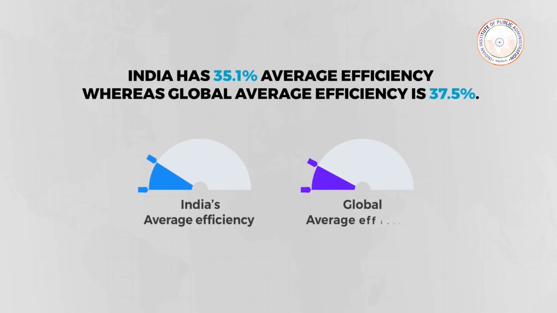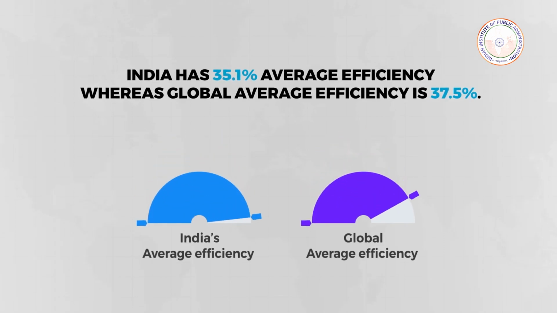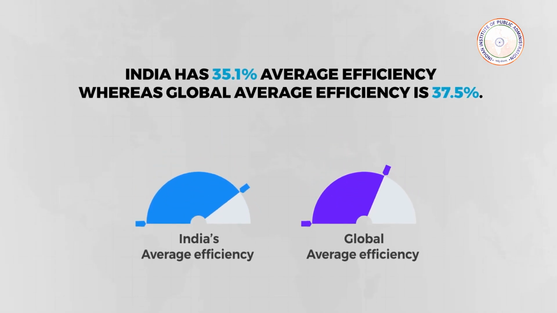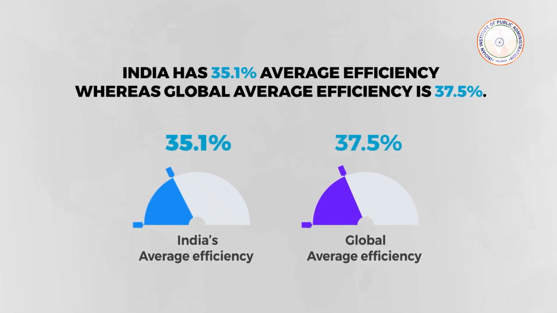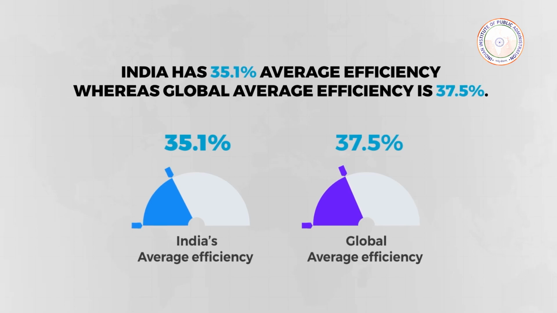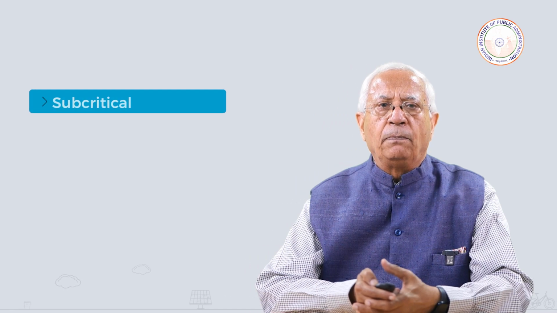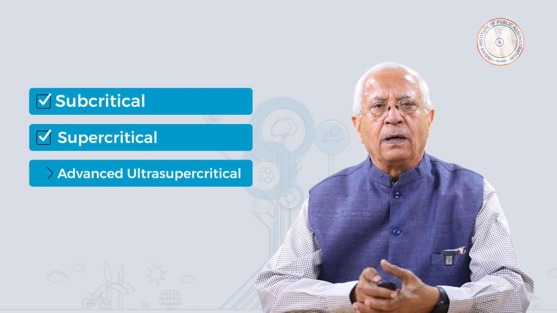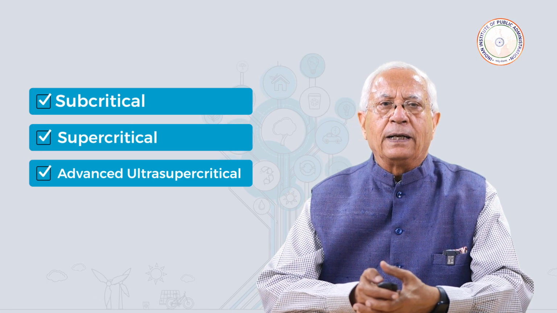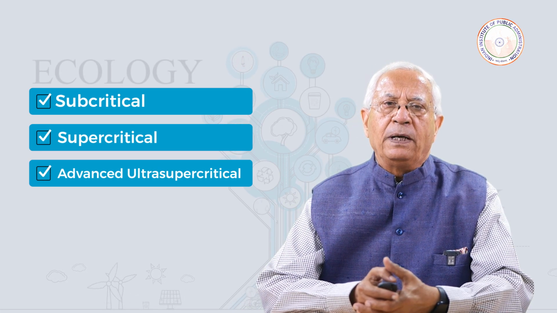We have only 35.1% average efficiency, whereas the global average efficiency is much more, 37.5 to 40%. We have to move to supercritical or advanced ultra supercritical so that carbon emission can be reduced.